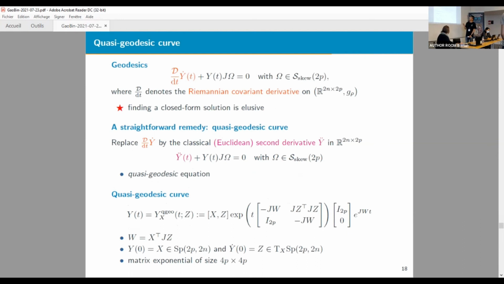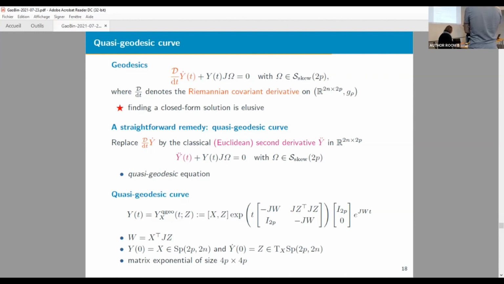In the geodesic equation, there is a very complex derivative here, and we just simply replace this derivative with the classic second-order derivative, and we solve this equation, and we get this quasi-geodesic curve.